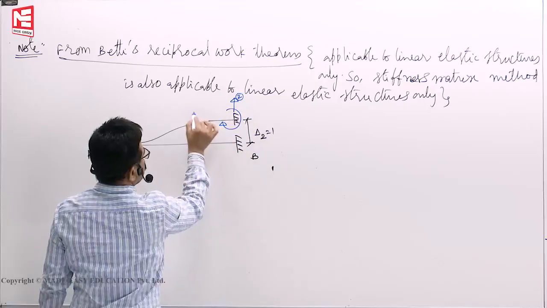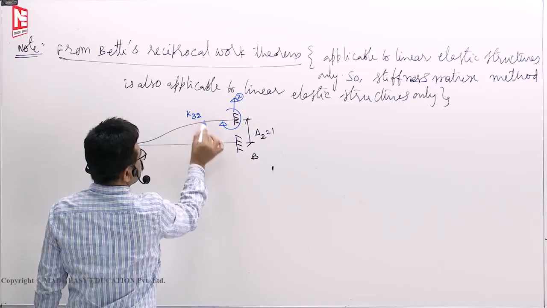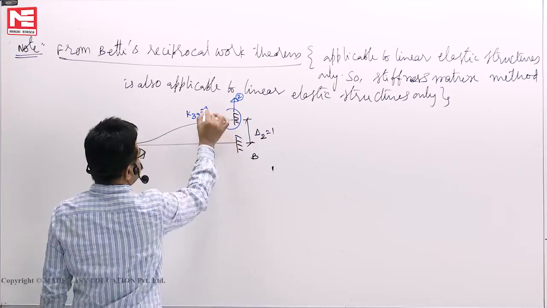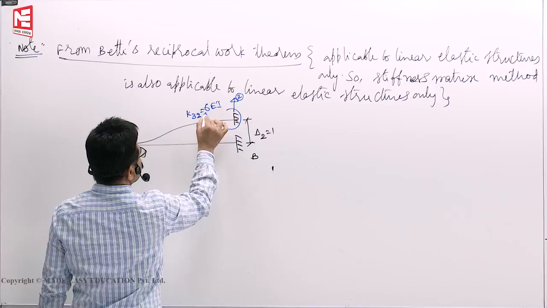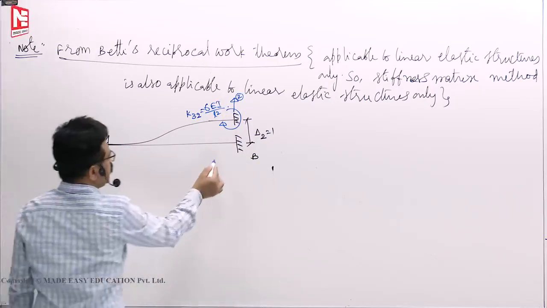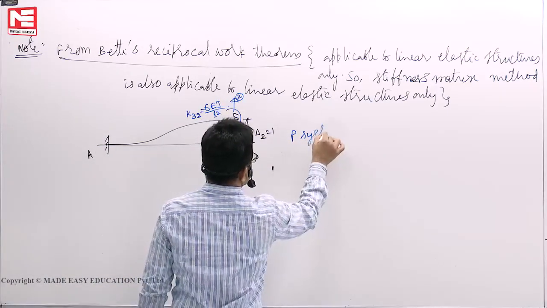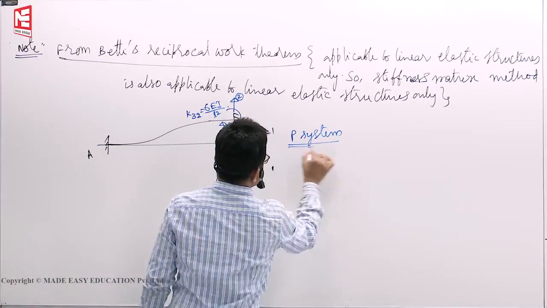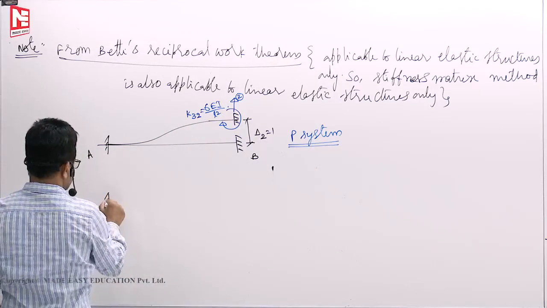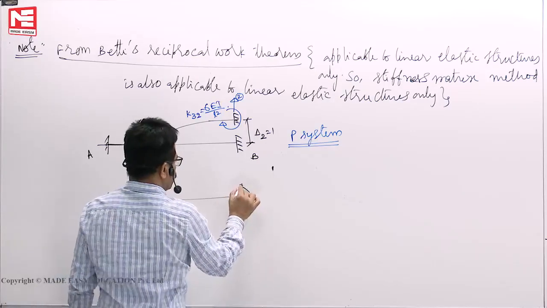This is force at 3 because of the displacement at 2, K32. This is actually 6EI by L square. This is what you got, K32. This is a P system of forces. Next system is Q system of forces. Fix it. This is again coordinate 2.